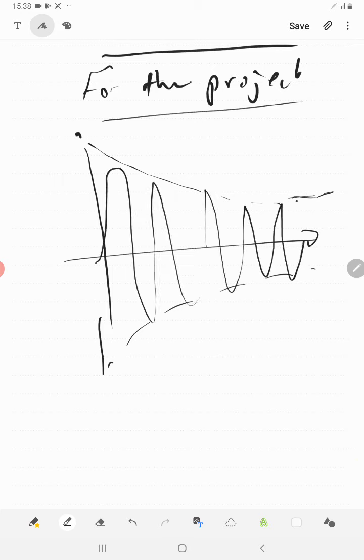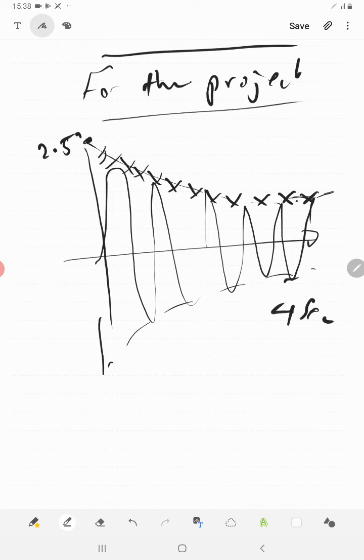That's what you have in the project. You have up to 4 seconds here. And the maximum, you try to find approximately maybe 2.5 here, okay? So you put a tracing paper on this one, and try to determine several points here. You don't need to go to many points, but enough points.